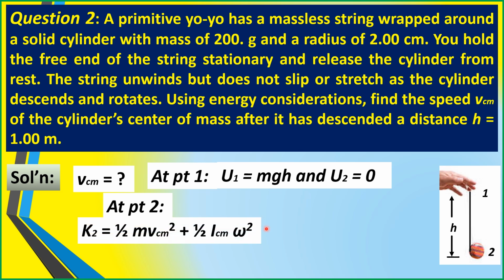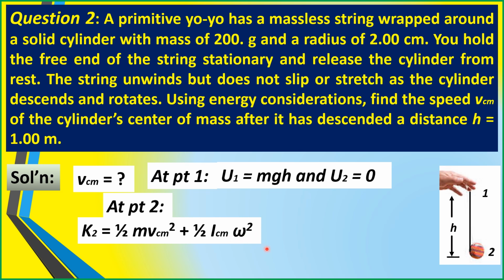The kinetic energy K2 of the yo-yo is just equal to the sum of the kinetic energy due to the translational motion of the center of mass of the yo-yo, expressed as 1/2 mass times the square of the speed of the center of mass, plus the kinetic energy due to the rotational motion, expressed as 1/2 multiplied by the moment of inertia of the yo-yo times the square of the angular speed omega.